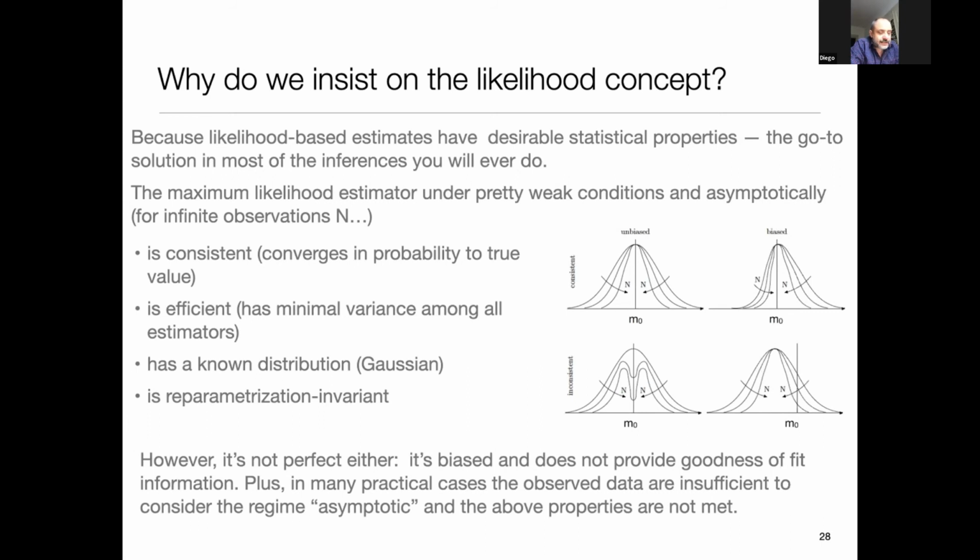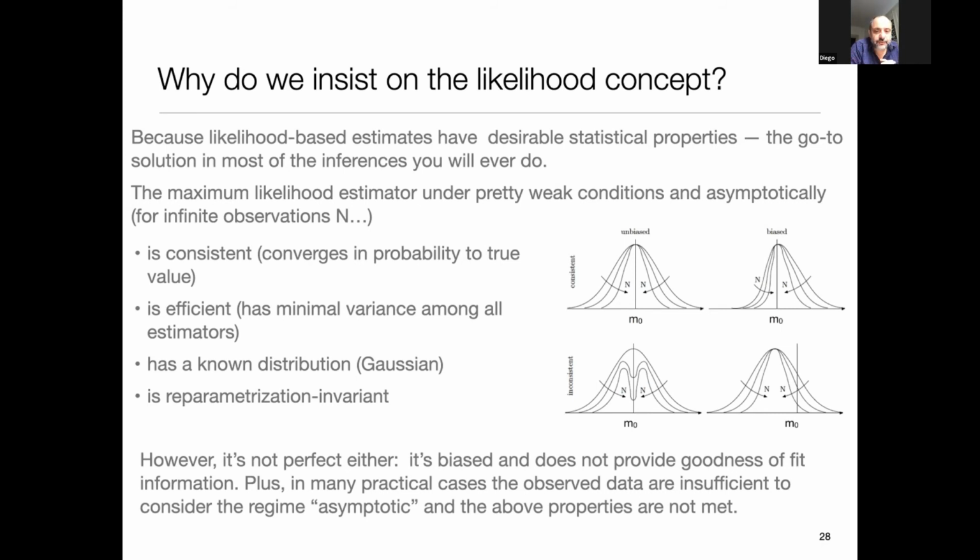The maximum likelihood estimator is basically the value of the parameter that maximizes the likelihood given your data, and under pretty weak conditions and in the asymptotic regime, so for infinite observations, which is an idealization, of course, it has very nice properties. First of all, it is consistent. So it converges in probability to the true value.